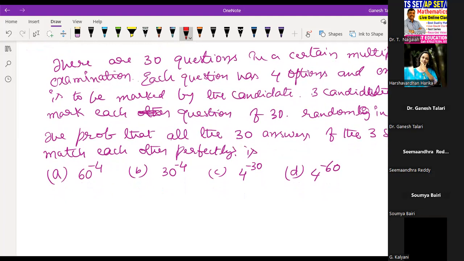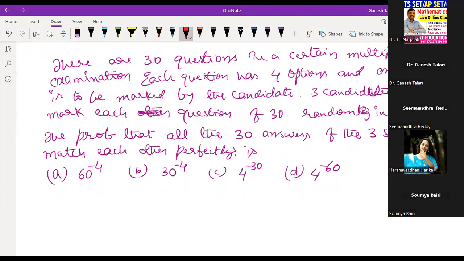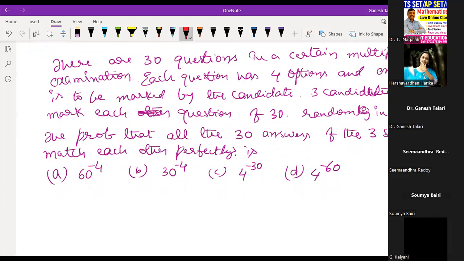So this is based on simple probability only, not we'll go with any Bayes theorem like that. Just it's a multiplication theorem, because of the randomly independent.